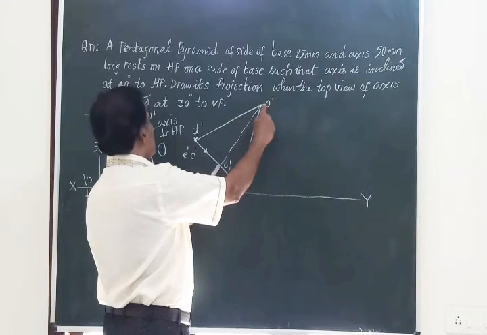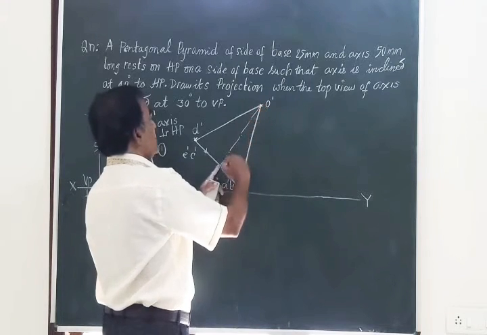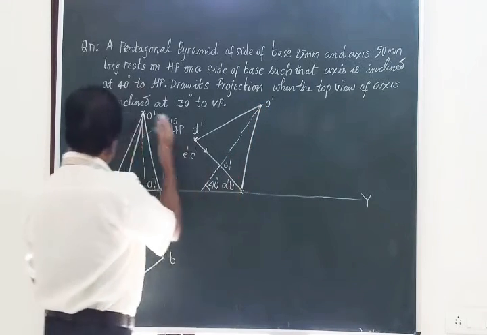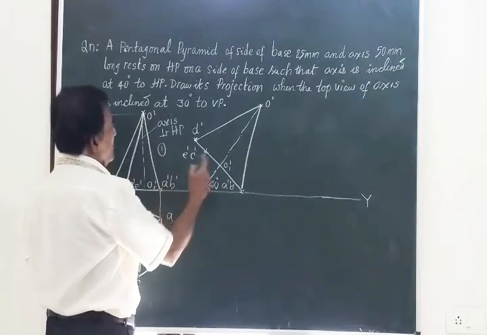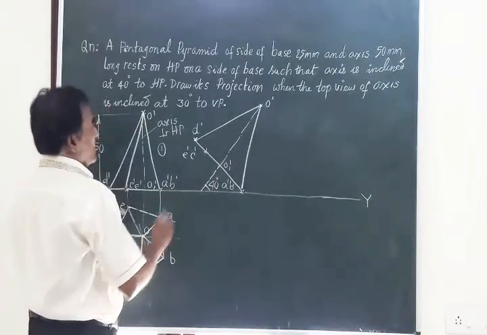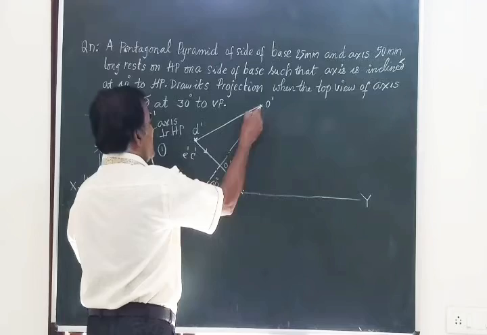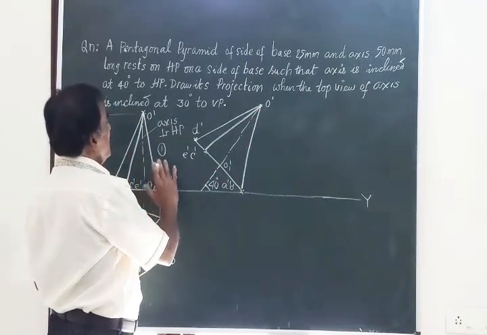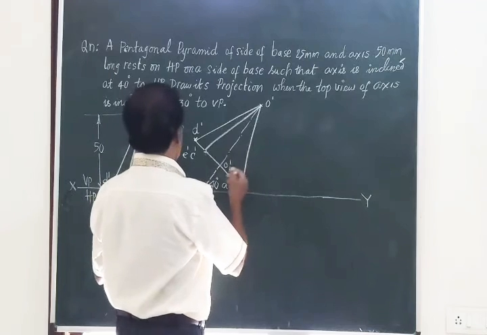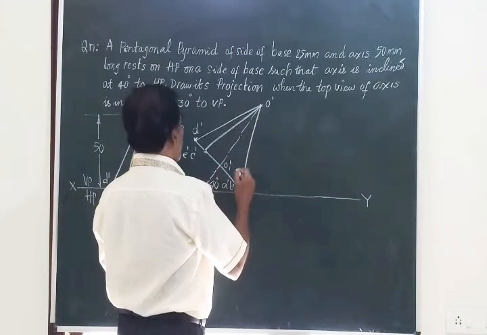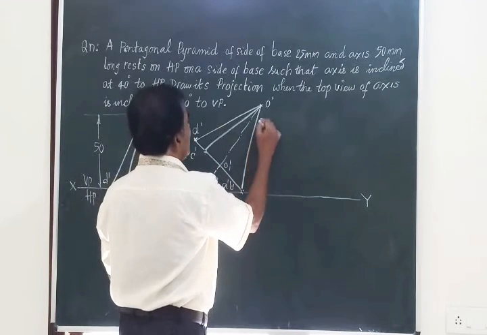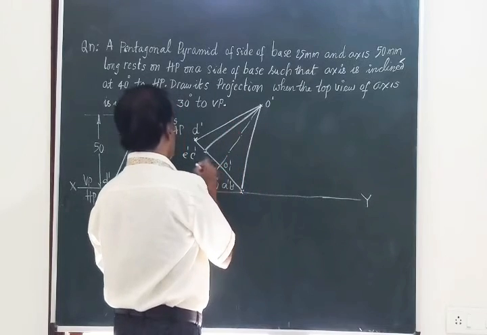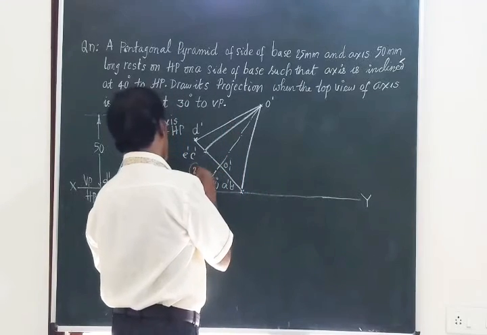The height of the solid is known to be 50 mm. So this I take it as 50 mm. Then you know how to construct this triangle when all the three sides are known. So I am going to join all these lines. So whatever the figure you have got here is redrawn with the axis O dash O1 dash inclined at 40 degrees to HP. I call this figure as number 2.